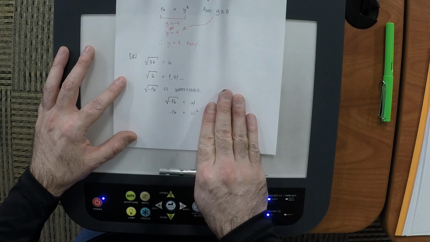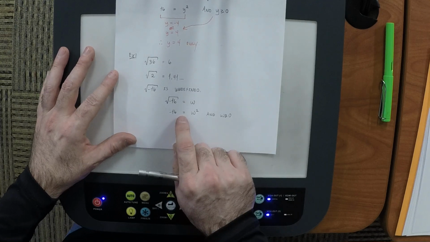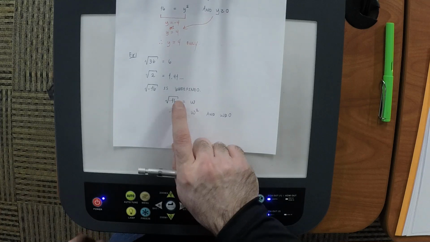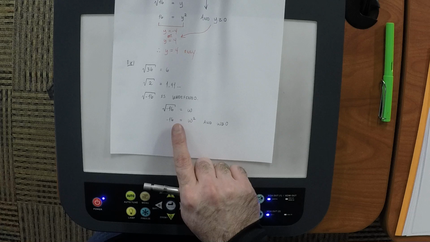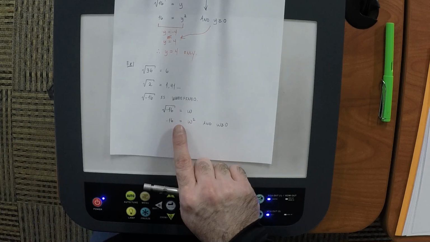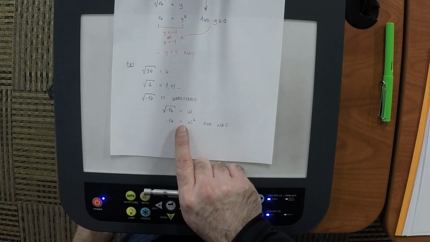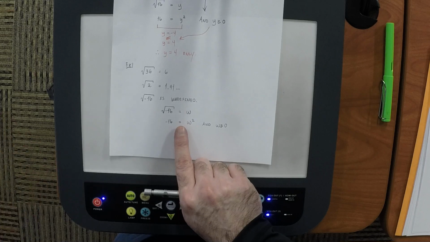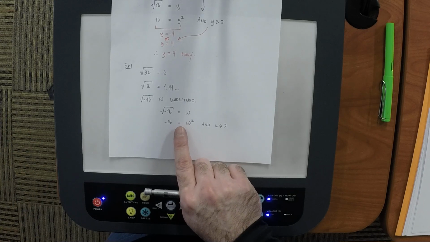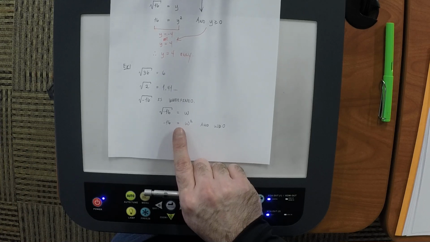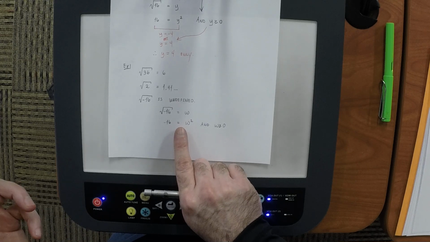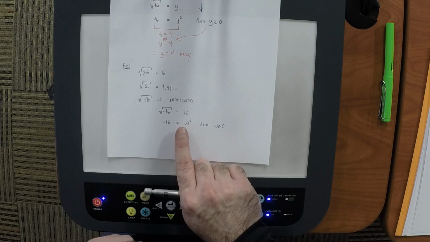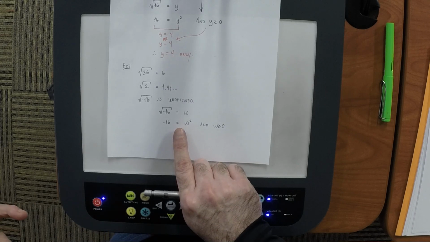So now the question has been restated. First, I was asking, what's the square root of negative 16? Now, here's an alternate way to ask the question. Please tell me the real number W that I can square and get negative 16 as a result. So could I square a positive number and get negative 16? No, because when you square a positive number, you get something positive.